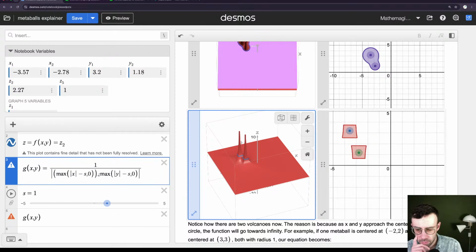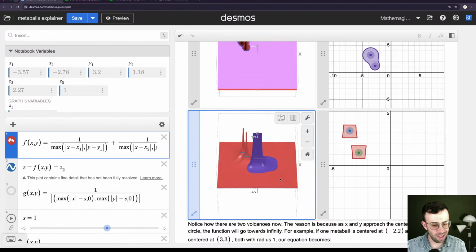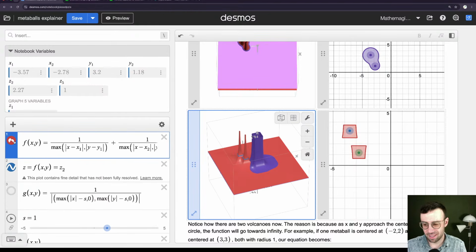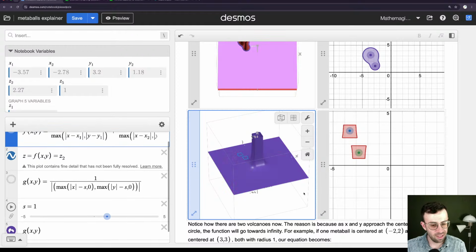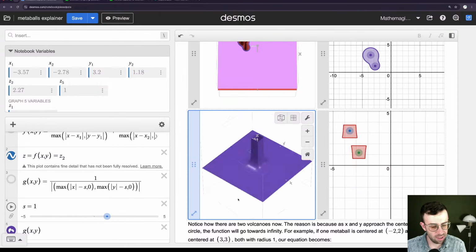There we go. Yeah, figured it out at the same time. Ooh, that one looks cool. Whoa. I like this square thing.